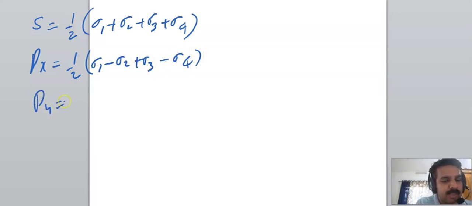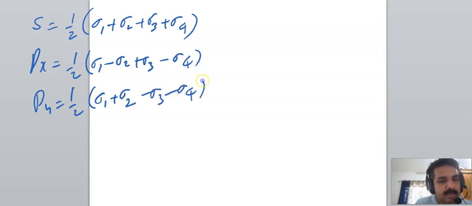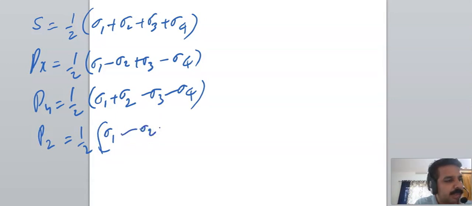The third SALC has the symmetry of py, again 1 by 2 into (sigma 1 plus sigma 2 minus sigma 3 minus sigma 4). And the last SALC has the same symmetry as that of the pz AO, equal to 1 by 2 into (sigma 1 minus sigma 2 minus sigma 3 plus sigma 4).